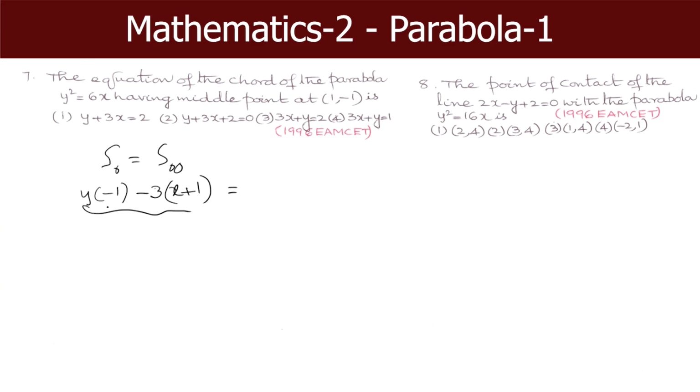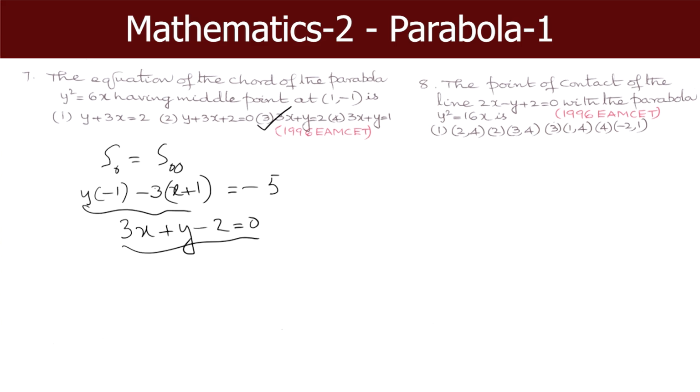Replace x by 1, so this is y y0 minus 2a times x plus x0, that is S1. S11, y0 square minus 4x0, that is replace y square minus 6x by y by minus 1 and x by 1. So this is 1 minus 6, minus 5. Okay, or this is 3x plus y minus 5 plus 3 minus 2 equal to 0, or 3x plus y is equal to 2, which is the third option.